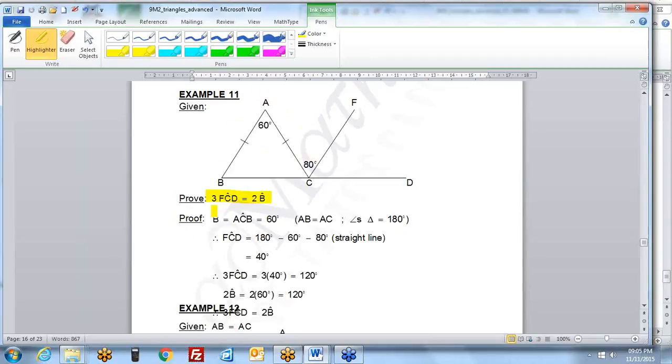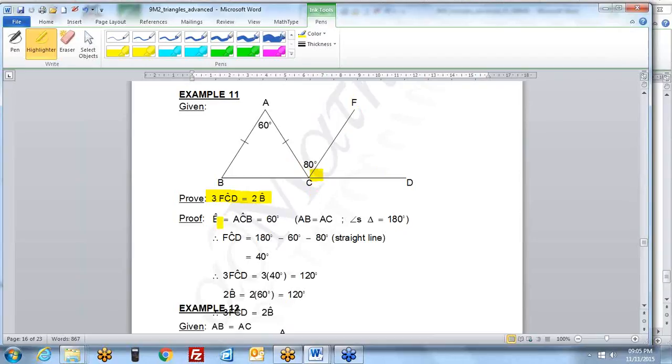Right, so what we need to prove is that 3 of angle FCD, this angle in other words, times 3 is equal to 2 of angle B. So if I multiply angle B by 2, it will be the same as multiplying angle FCD with 3.